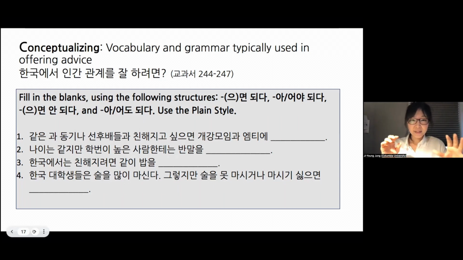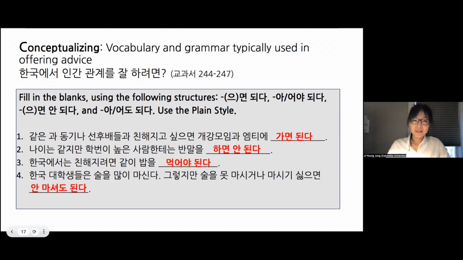And then, using these forms, they conjugate the structures and fill in the blanks. And also in terms of the content, these pieces of advice are relevant to the Korean teacher, the prevalent cultural practices in Korea among college students.